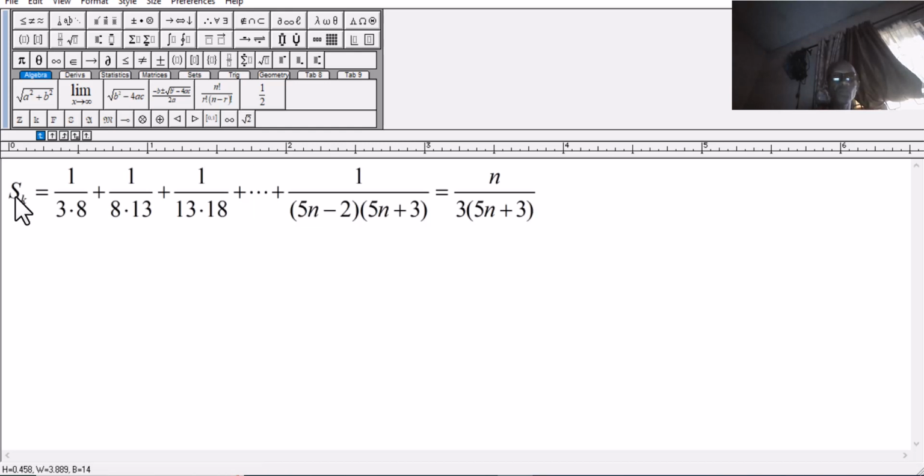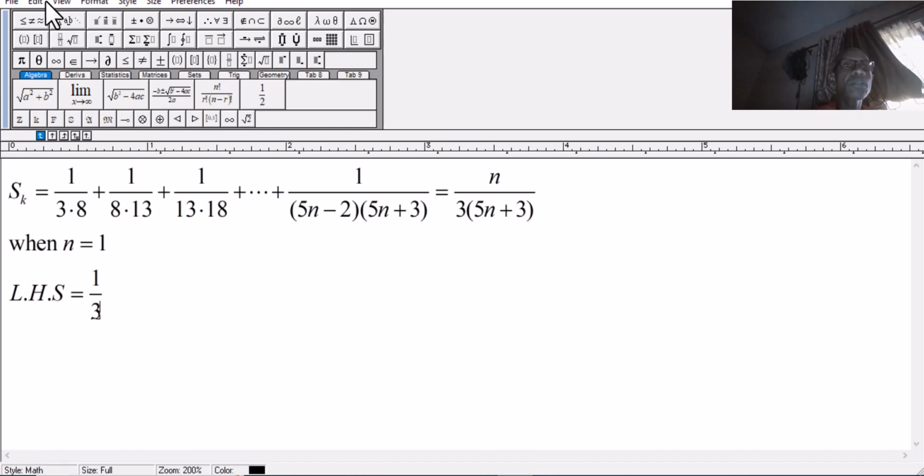So when n equals 1, from the left hand side, what you have is 1 over 24.